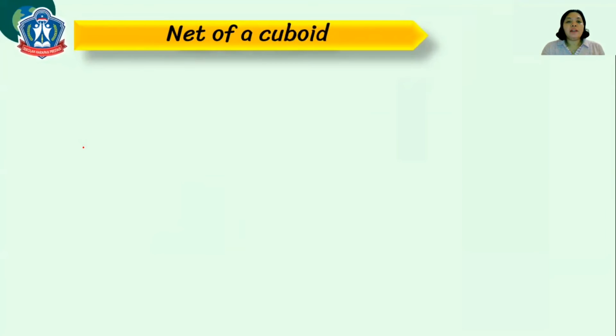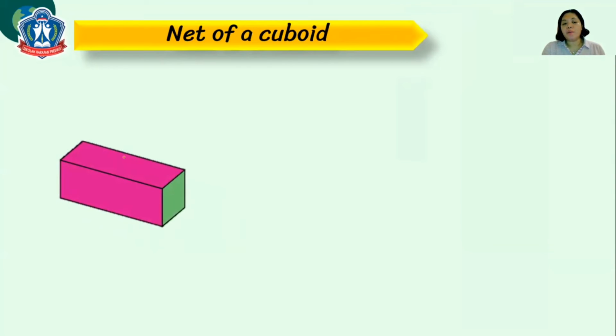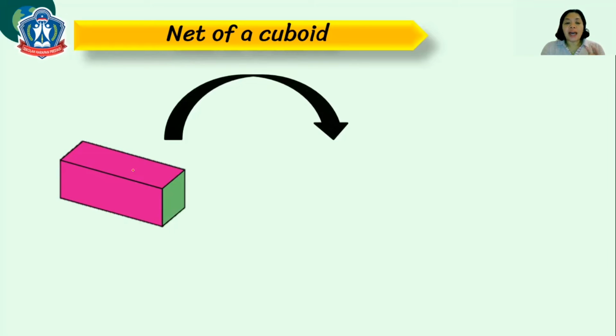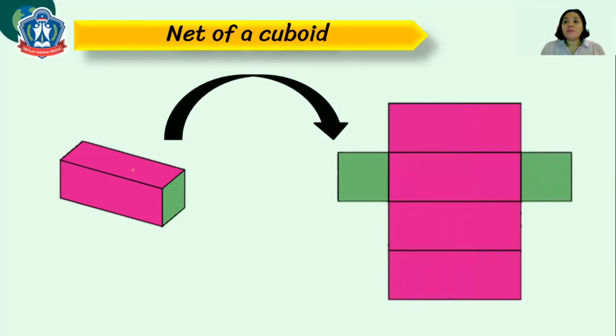How about a net of a cuboid? This is a cuboid. A cuboid looks like a cube, but it's longer, because it has rectangle shapes. In this example of a cuboid, it consists of 4 rectangles and it has 2 squares on both ends.